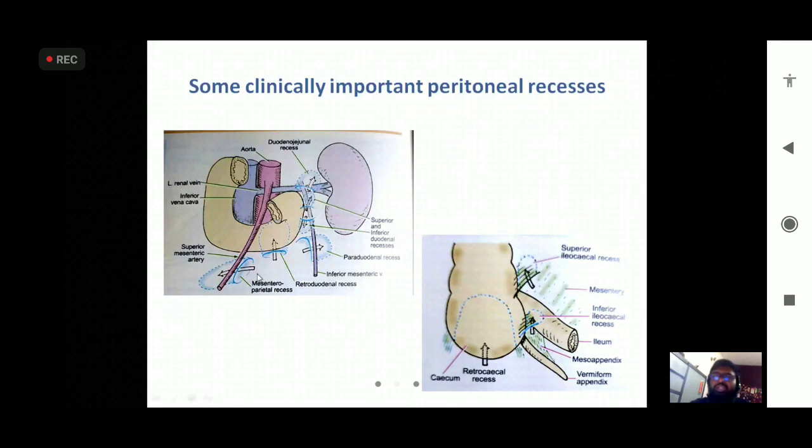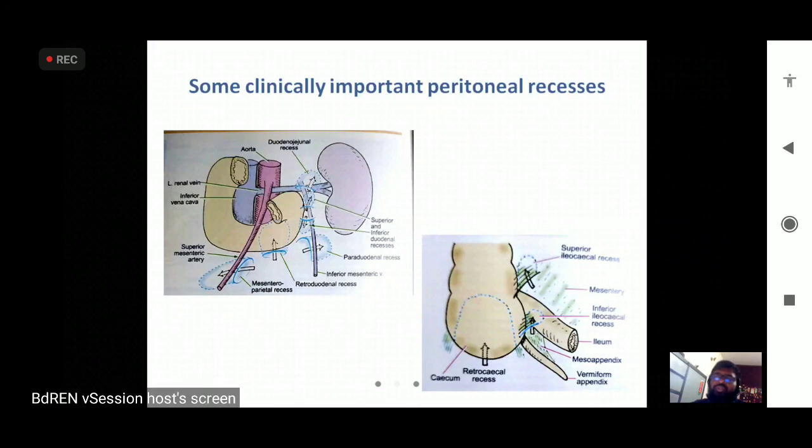Similarly, there might be some recesses like the mesenteroparietal recess, then the retroduodenal recess, paraduodenal recess. These are related to the duodenum, and these recesses can contain some part of the intestinal loops, and that may also cause similar problem.